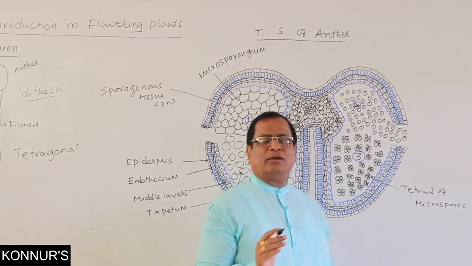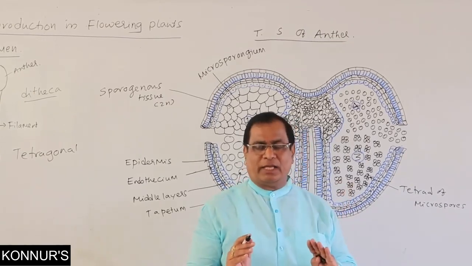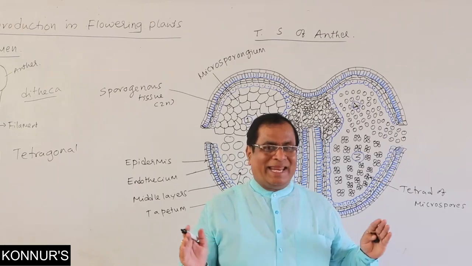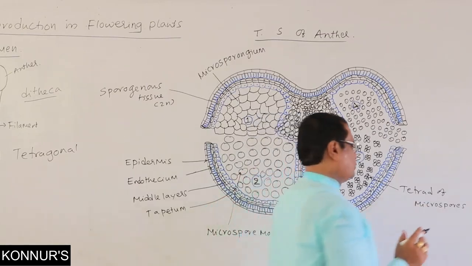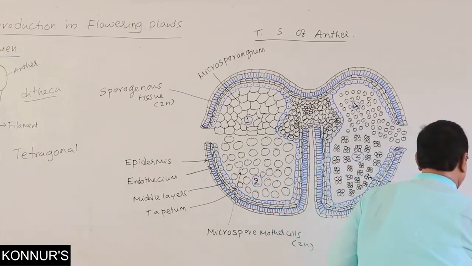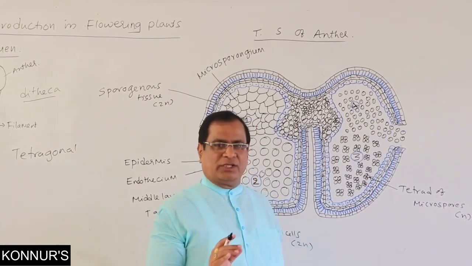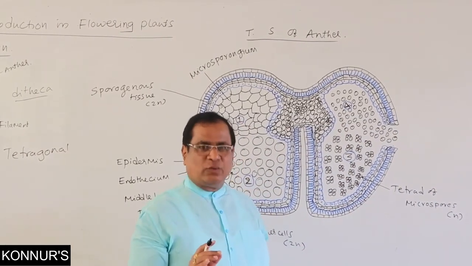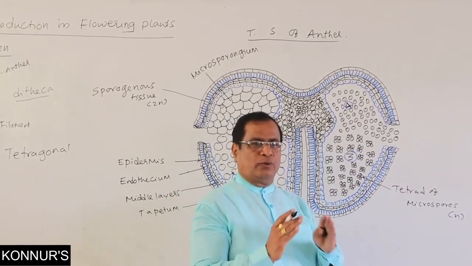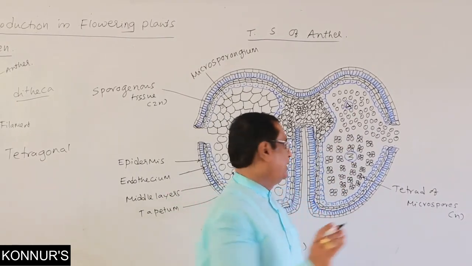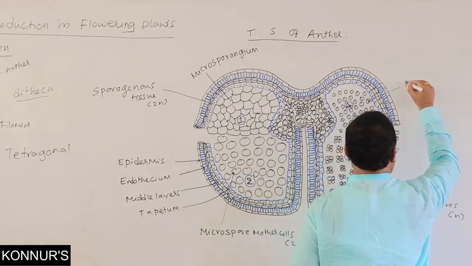And these 4 haploid microspores are held together, forming a tetrad of microspores. All of them are haploid in nature, and gradually, in the final stage, those microspores get separated and all the microspores are free now.